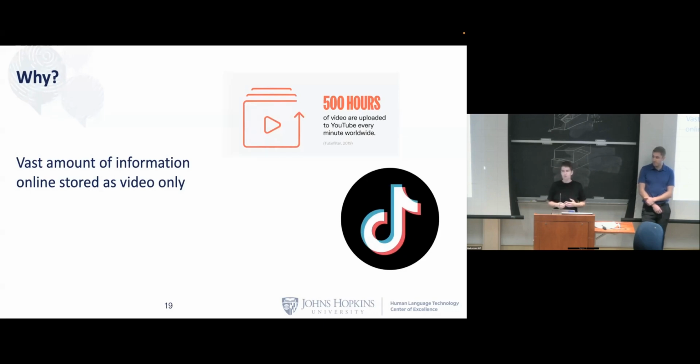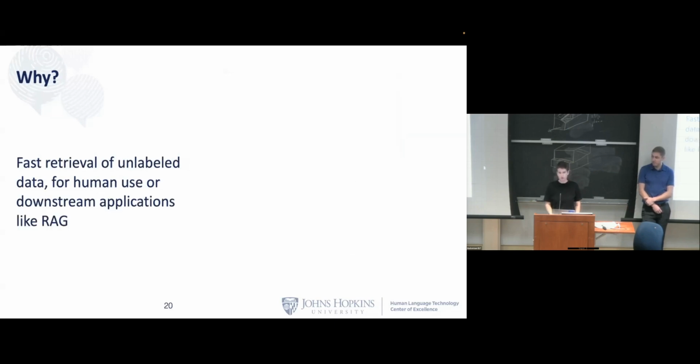And so now we have this vast amount of information that is only contained within videos online, and we don't really have a good way to sort through all of it, either for human uses or for downstream AI applications like RAG or something.